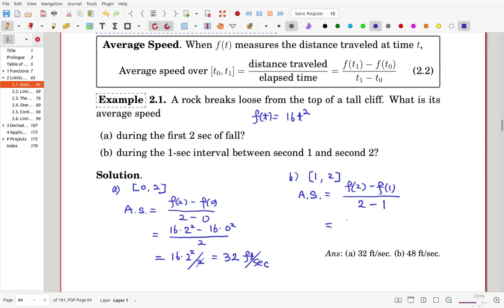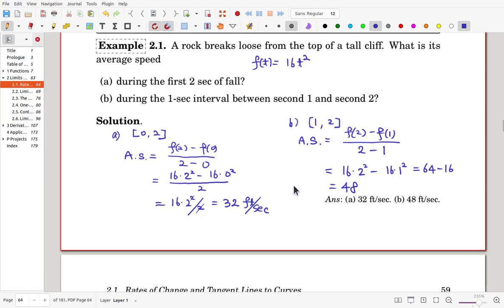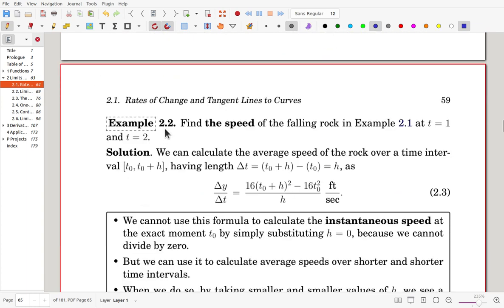What is f of 2? Again, same as earlier: 16 times 2 squared minus f of 1, which is 16 times 1 squared, divided by 1. So that is 64 minus 16, which is 48. Of course, the same unit, feet per second.